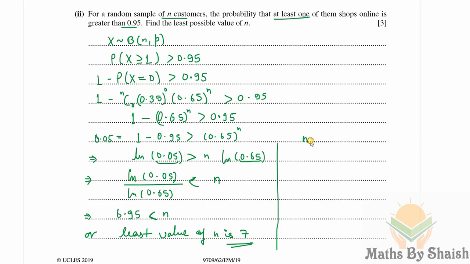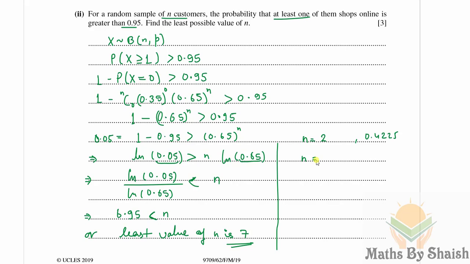For n equal to 2, this value 0.65 to the power n is coming 0.4225, which is of course much bigger than that. So we'll check for a slightly bigger value.